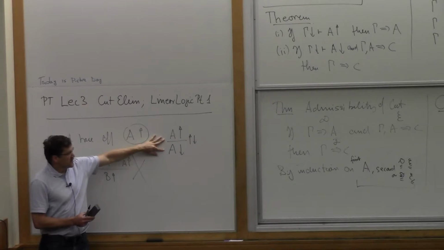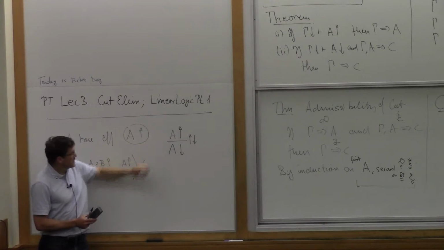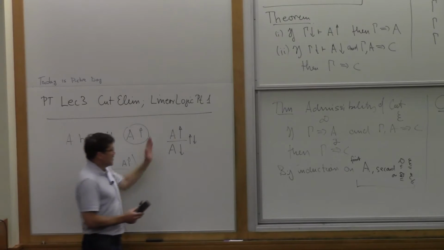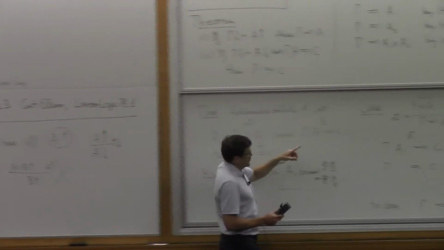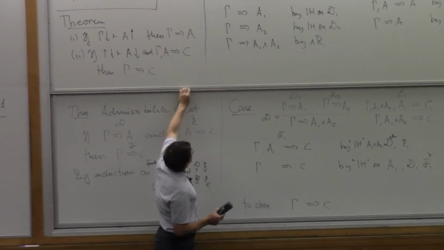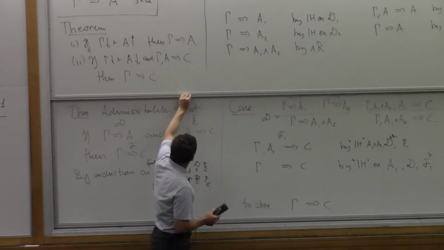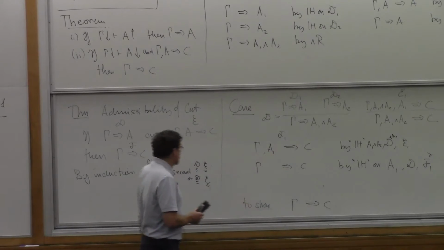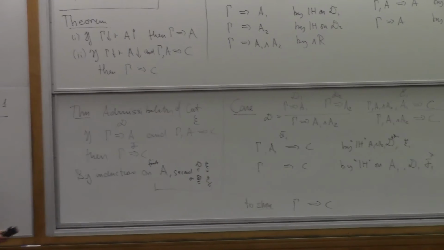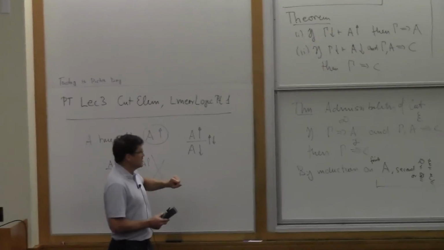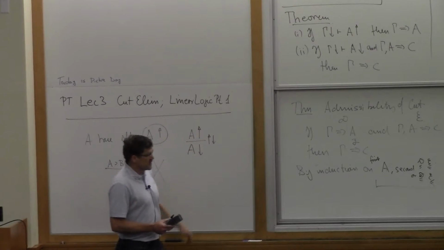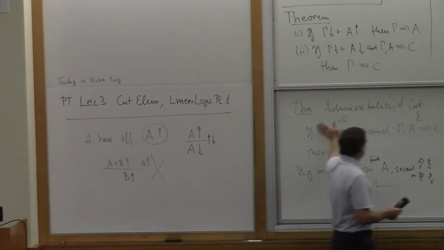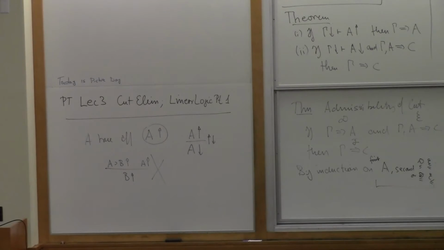From there, we can go to a proof that doesn't use that rule by translating according to our theorem, where this rule turns into a cut. And then, by the admissibility of cut, we don't really need it.